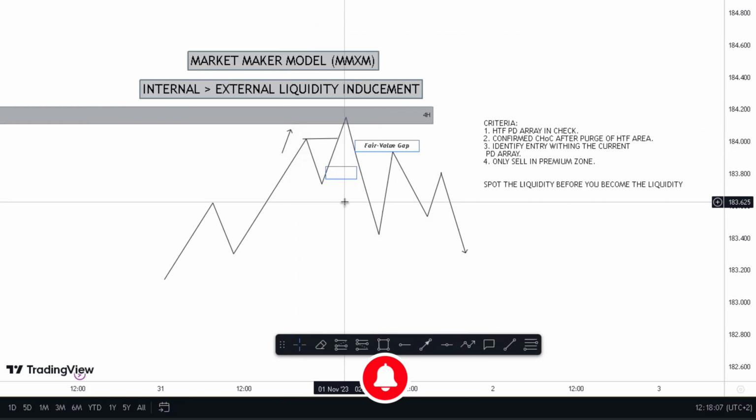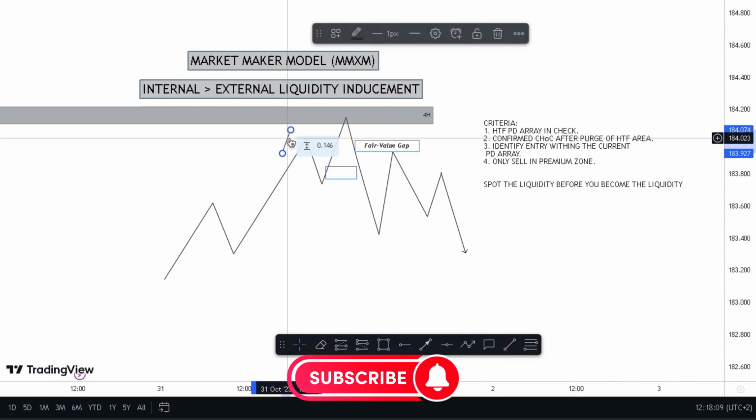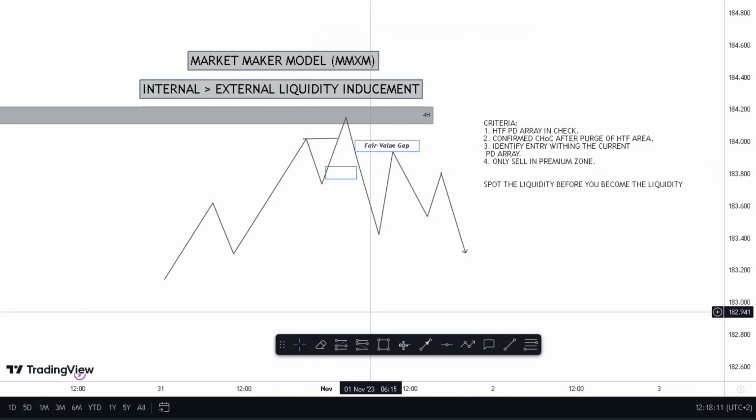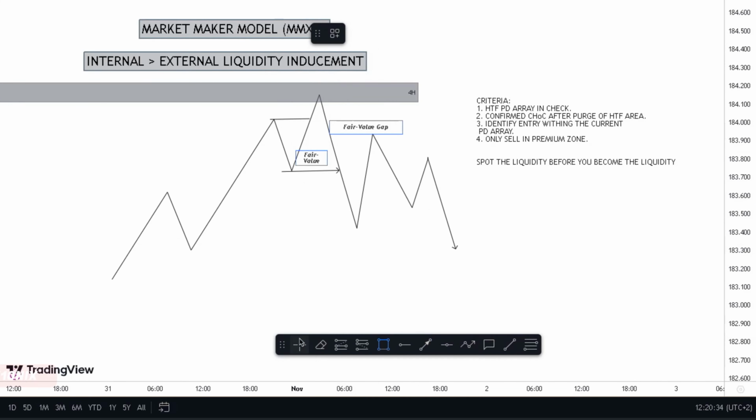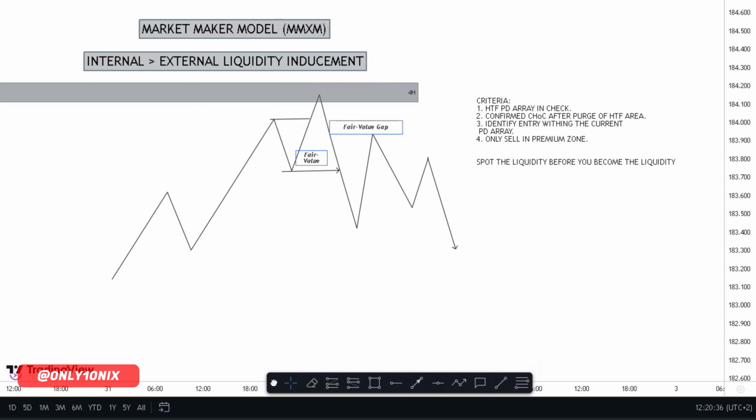Okay, we need to find a change in character that indeed we are not just experiencing a pullback, but that the market is indeed changing direction. The fair value gap or the imbalance that we look for is in line with the trend. Now we are looking at the premium zone of the trend.